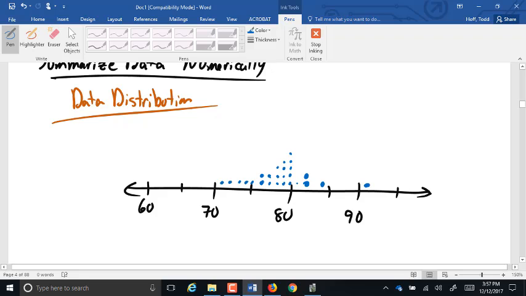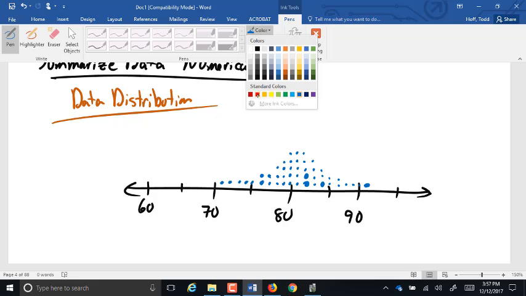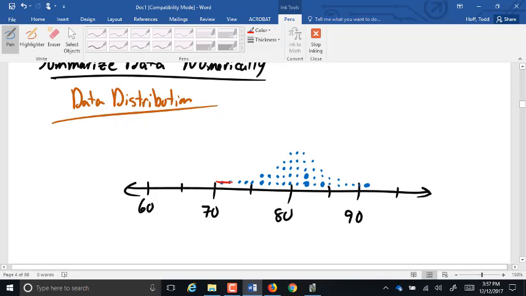And as those dots stack up, we'll see that it forms kind of a pattern, a shape. And that shape is called a data distribution. If I trace the top dots above each number, I get that shape.